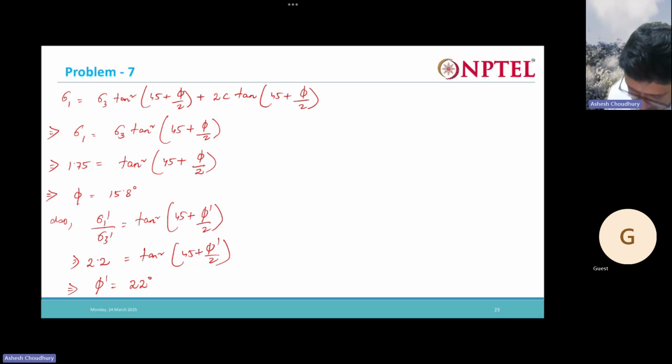Okay, so you can see clearly phi prime is greater than phi, for NC clay. For NC soil, the effective values phi prime are always greater than the phi values because my pore water pressure is positive.